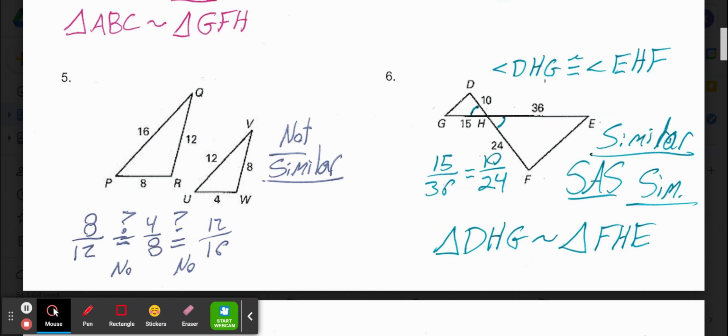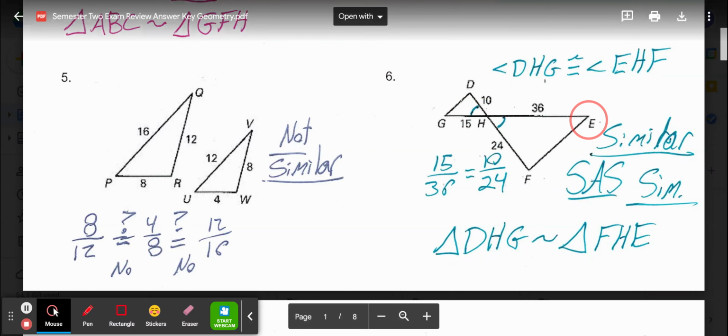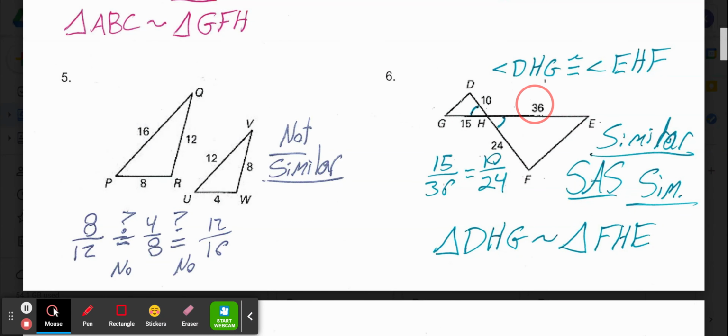And then in 6, we have the vertical angles here that are congruent. So angle DHG and angle FHE are congruent. And then we can check our side ratios. So 15 over 36 equals 10 over 24. So we have side angle side similarity.